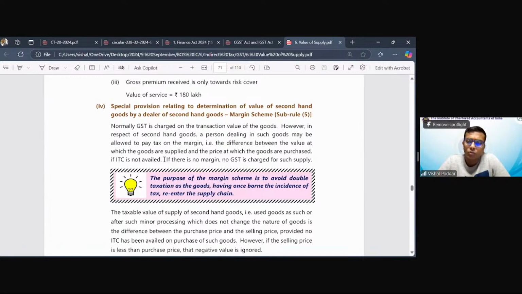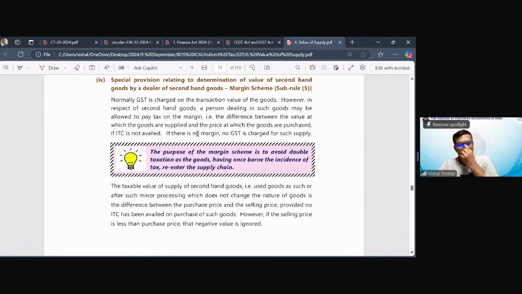This rule is not limited to cars, but I'm giving you a real-life example where you find these car malls who take old cars from us, refurbish them, polish them, make them look decent and in a good state, and then sell them to customers. So they are dealing in second-hand goods. They are dealers of second-hand goods.